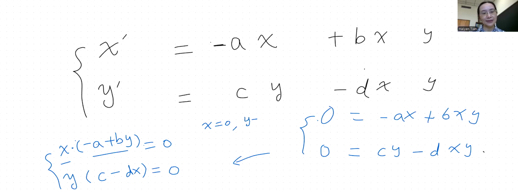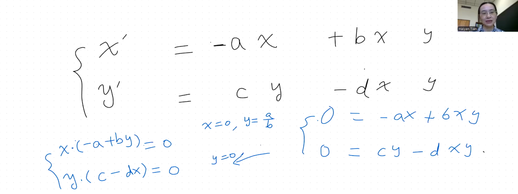That means y is a over b. Then the second equation, if the product is 0, then one of the two factors has to be 0. That means either y is 0 or c minus dx is 0.